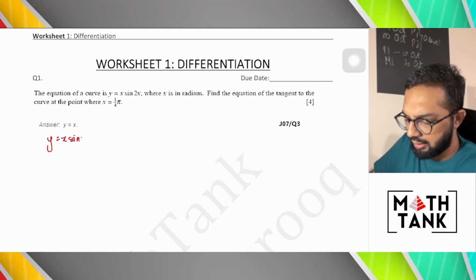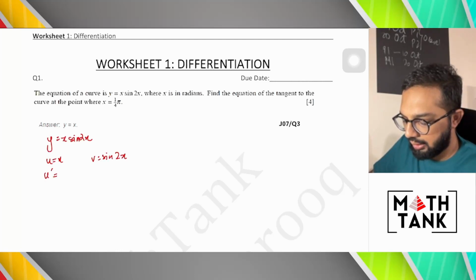The first expression in the product rule is called u. The second expression is called v. You differentiate each of these. u dash gets you 1 and v dash gets you cos 2x into 2.